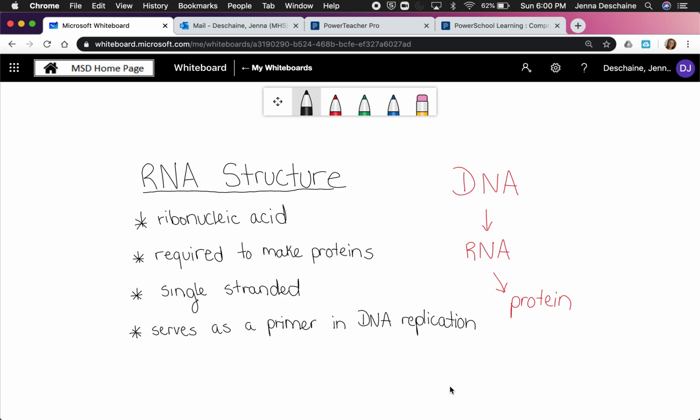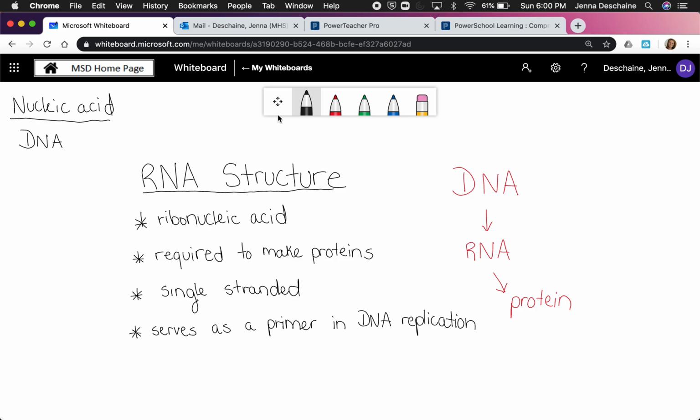So today we are going to be continuing on with our journey through DNA replication. And in order to do that, we're actually going to introduce a new nucleic acid molecule. Right now we've only been concerning ourselves with DNA, which is a nucleic acid, a type of macromolecule we talked about earlier in the school year.